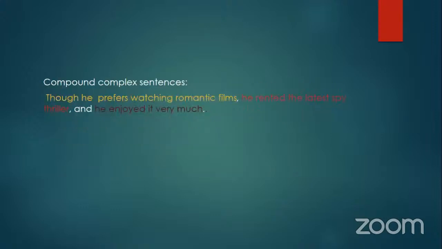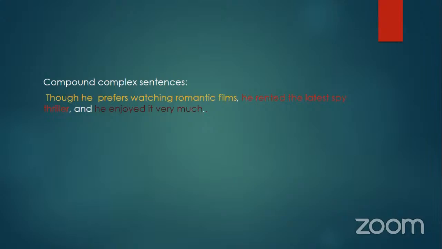Okay, last thing, we said that we have compound sentences and complex sentences. A compound sentence connects two independent clauses, and a complex one connects one independent clause with one dependent clause. Also, we have the compound-complex sentence. Let's see this example. Although he prefers watching romantic films, this is a dependent clause because it cannot stand by itself.